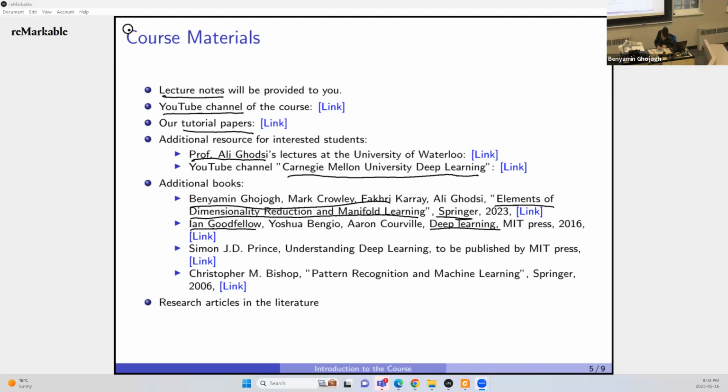There is also an upcoming book, which I think is very good, Understanding Deep Learning, going to be published by MIT Press. It's by Prince, a famous scholar in both machine learning and computer vision. Also there is Pattern Recognition and Machine Learning by Bishop, Springer. I think that's also good, especially the variational inference parts. Bishop is good. And some research articles in the literature.